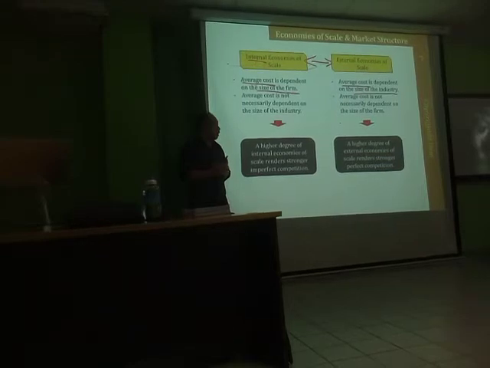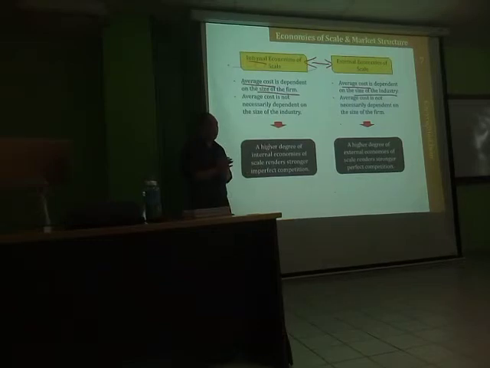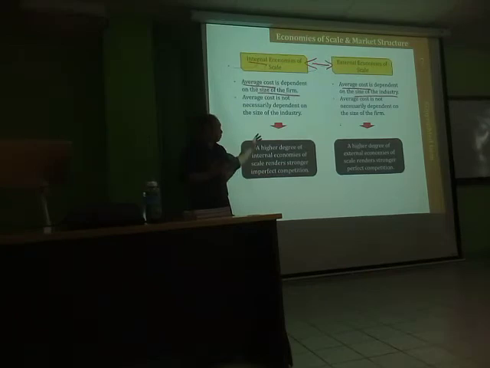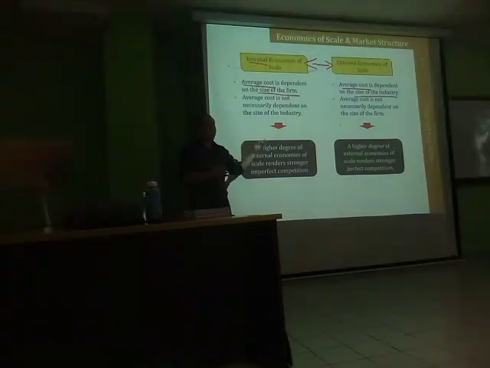And that happens on the other side, external economies of scale, meaning that conditional on the industry as a whole, the firm has less market power because they don't have the ability to set their own price. They must accept the price determined in the industry. That's why I said if the average cost is dependent on the industry, the firm has less freedom.